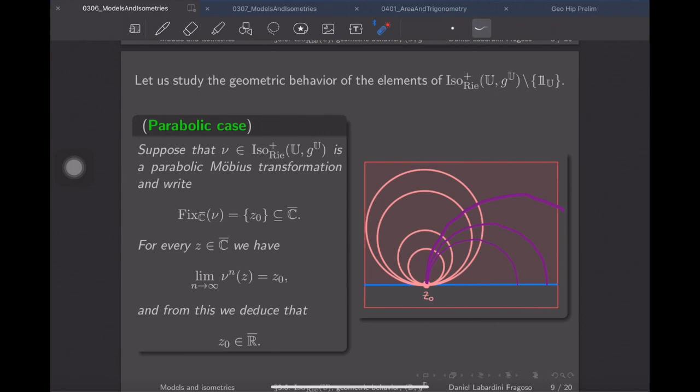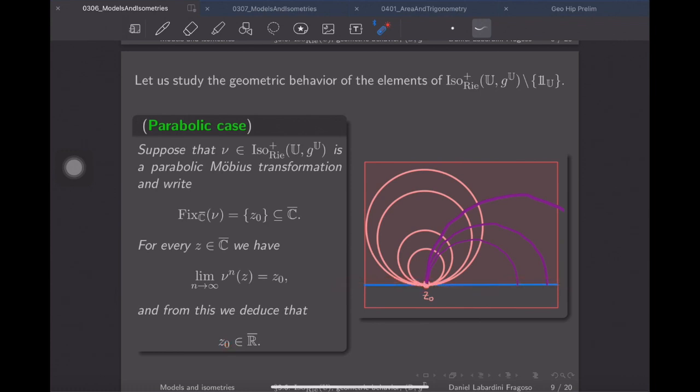So one moves on to studying the geometry of possible parabolic, hyperbolic, and elliptic elements. And then in the parabolic case, we saw that the fixed point has to lie on R bar.